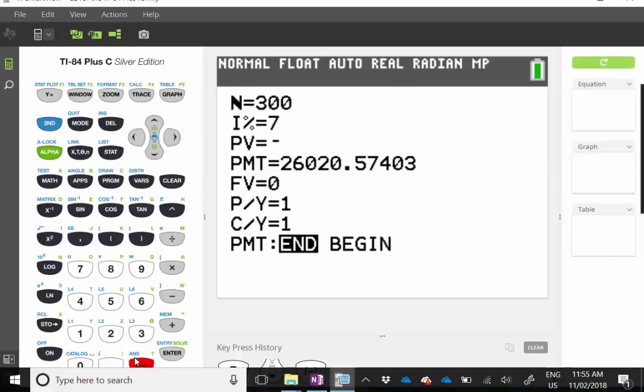Remember, you've got to use the minus down the bottom there, minus 150,000. We want our future value to be 0, and we've got 12 payments per year. Now we come up here and work out our payment size. This is what we need to pay every month, and as you can see, it works out that value for us.